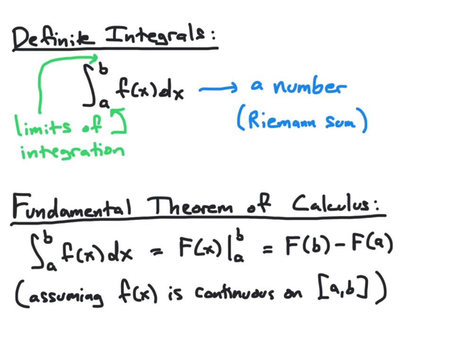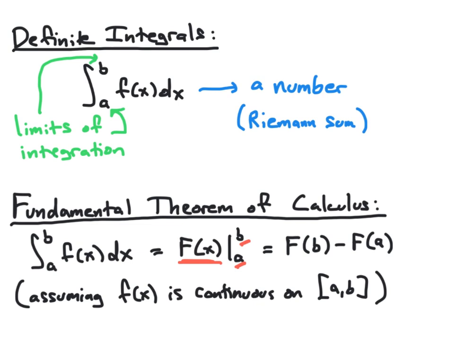This result says that in order to evaluate the definite integral from a to b of f of x dx, what we need to do is find an antiderivative, capital F of x, for that function. This can be any antiderivative. And we simply evaluate that antiderivative at our two limits of integration, a and b, and then we subtract those values.